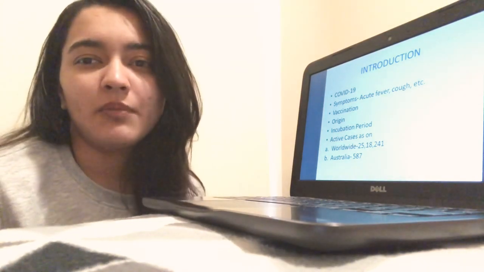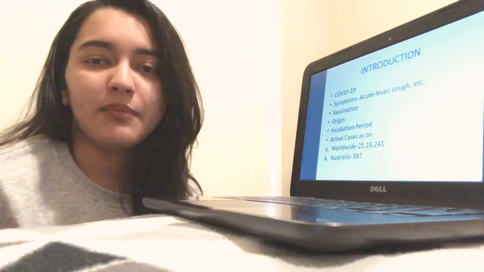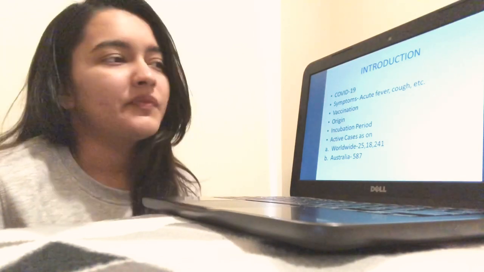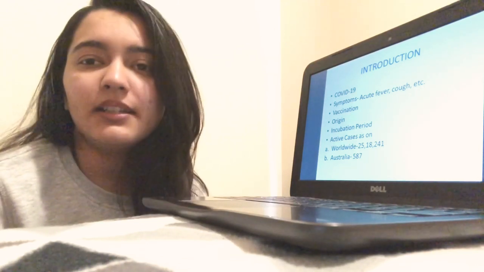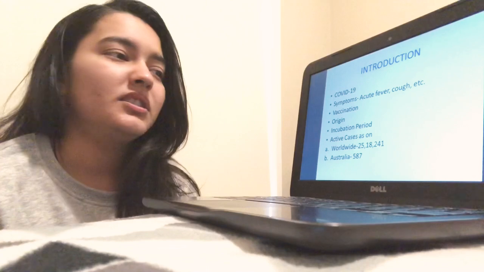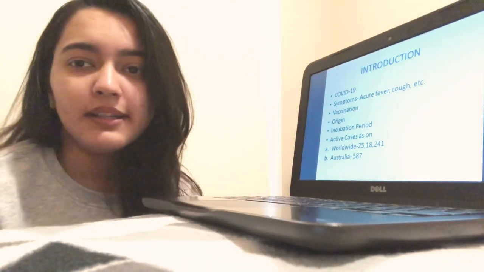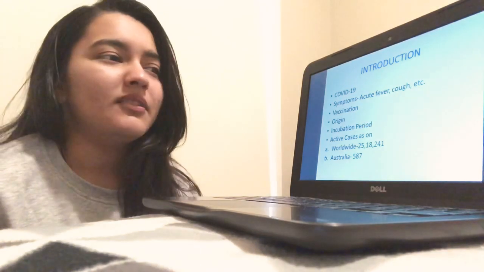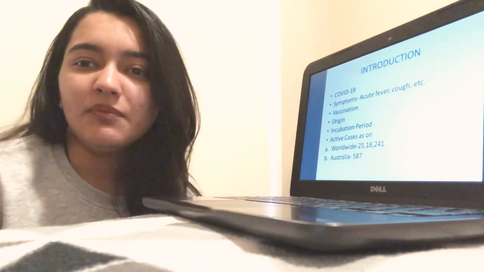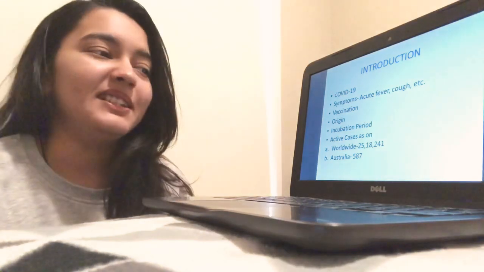COVID-19 is generally known as coronavirus, and the first case was found in the first week of December 2019, so that is why 19 is there. Coming to the symptoms, it includes acute fever, cough and also shortness of breath. These are very common symptoms, but it leads to a very big virus these days.